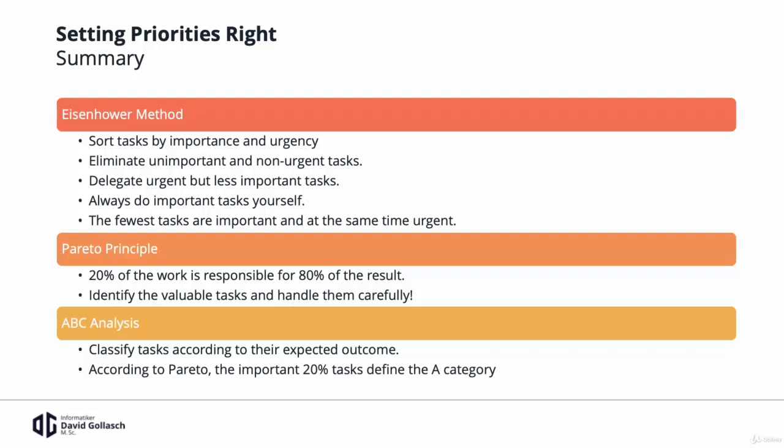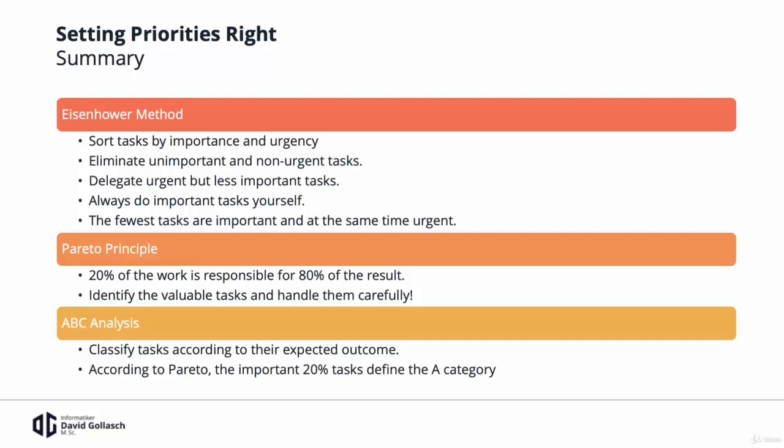So would you say that the fulfillment of this task is urgent or not? And based on this, you decide that you would eliminate all the less important and less urgent tasks in the first way. The urgent but less important tasks should be delegated to someone else.